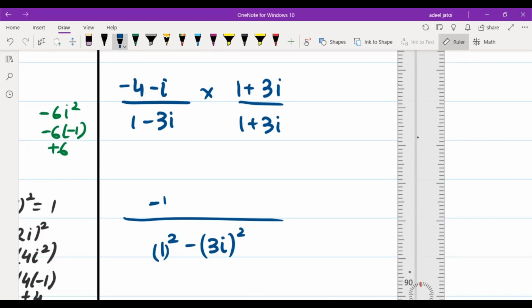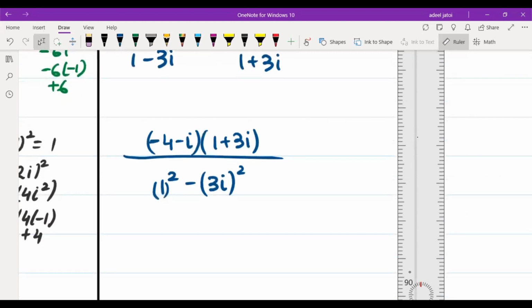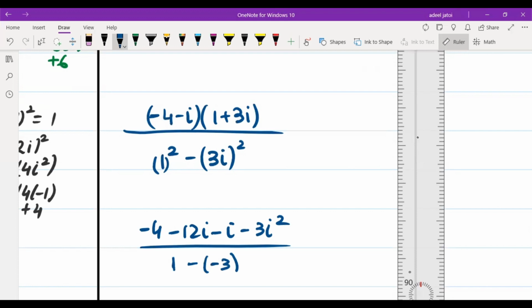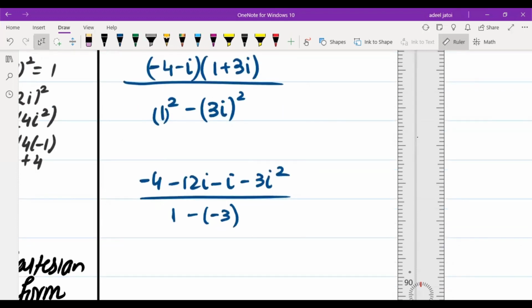And this should be minus 4 minus iota multiplied by 1 plus 3 iota in the numerator. When we solve this, we will have minus 4 minus 12 iota minus iota minus 3 iota square upon 1 minus minus 3, which is 9.